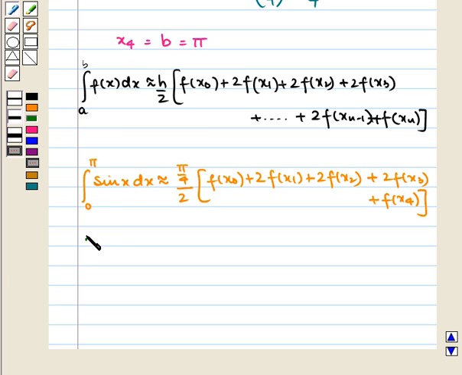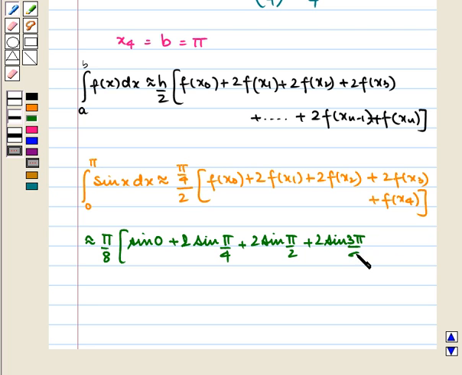Thus, this is equal to pi by 8 into sine 0 plus 2 sine pi by 4 plus 2 sine pi by 2 plus 2 sine 3 pi by 4 plus sine pi.